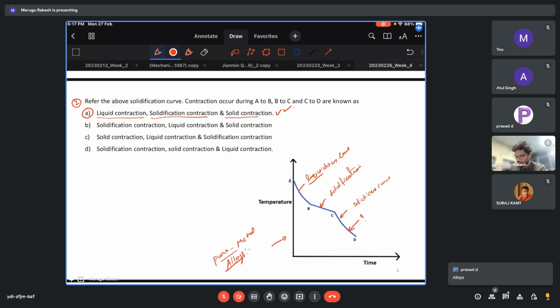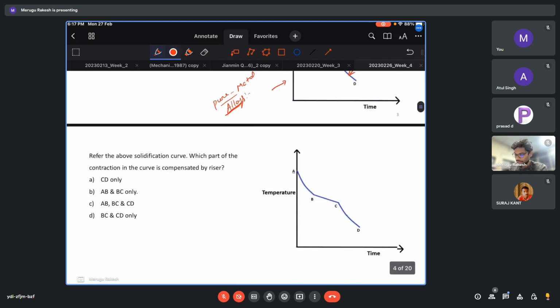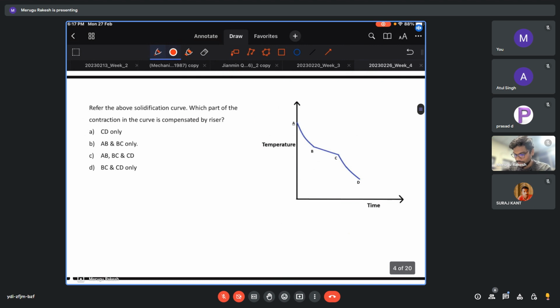Nice. Yeah, this is regarding alloys, which you can identify by this solidification curve. If it has any slope, that represents a freezing range. If you find a constant line, it represents a pure metal. Let us move to the next question regarding the same.